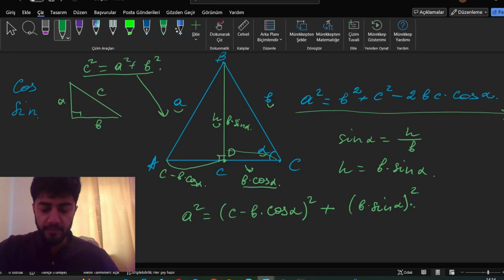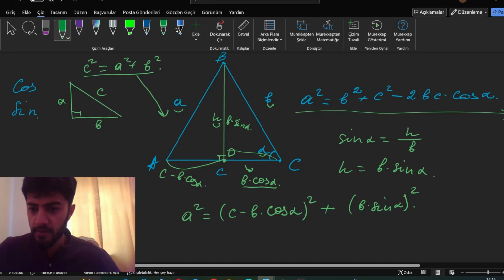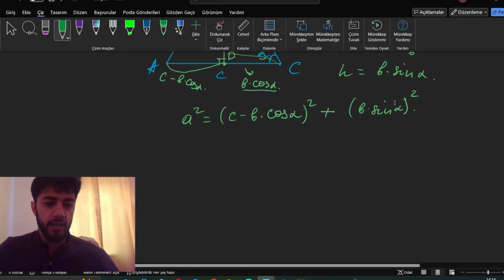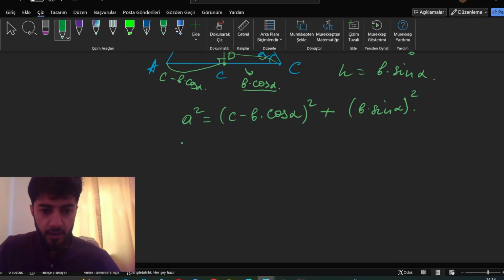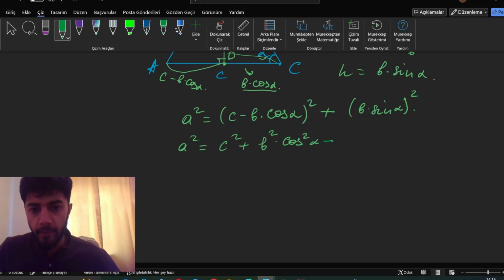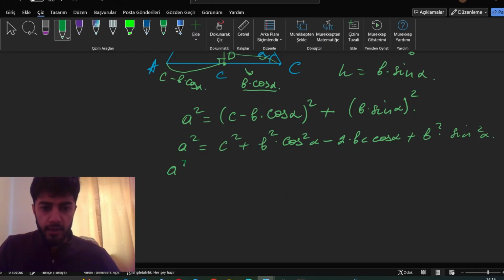Let's simplify it a bit. Let me get some space. Okay, that's good. Here, A squared is equal to the square of C plus B squared times cosine squared alpha minus 2 times BC cosine alpha plus B squared times sine squared alpha. So here is the point.